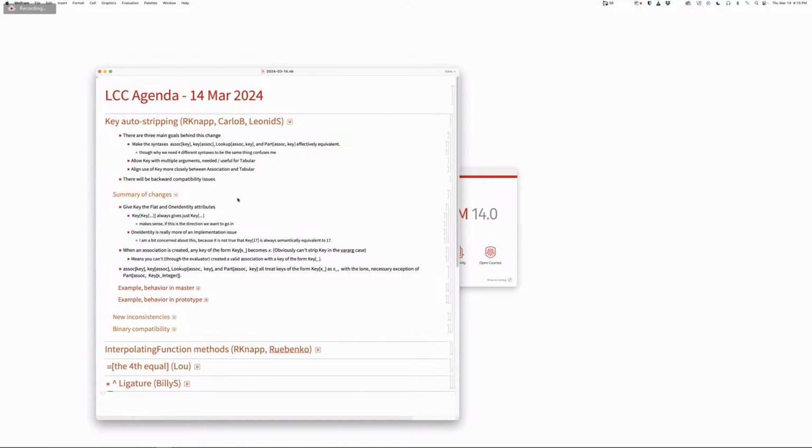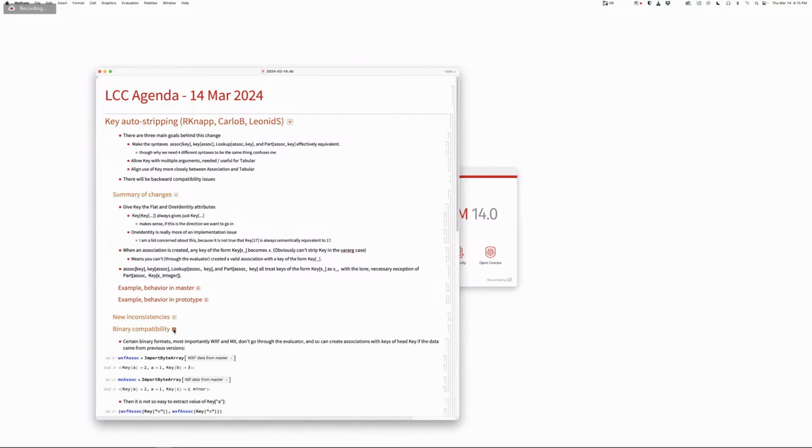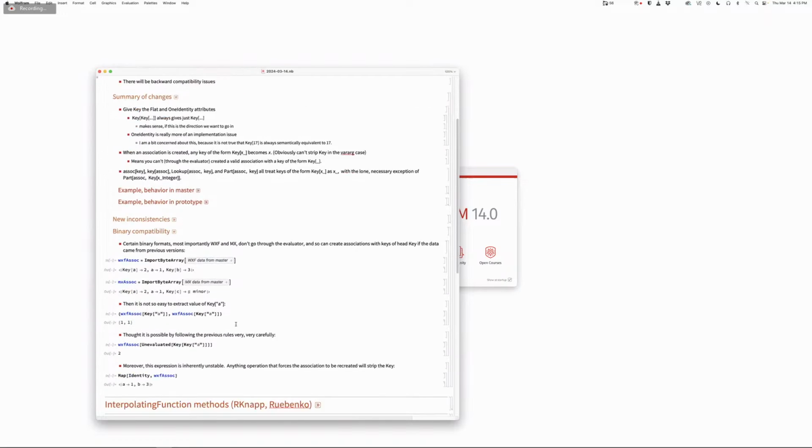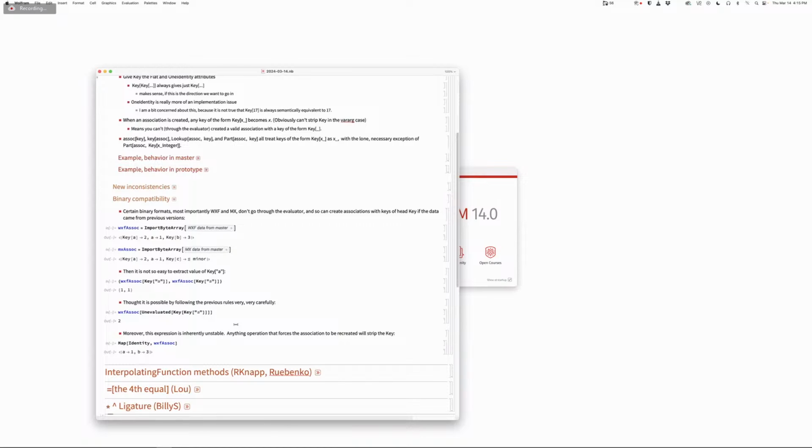Now, in the binary compatibility issues, it's worth pointing out that it's not completely true, and that might be worth at least briefly discussing. If you import a WXF or an MX, because those are fully created expressions that don't go through the evaluator, then you can still have a Key that is a Key in it.